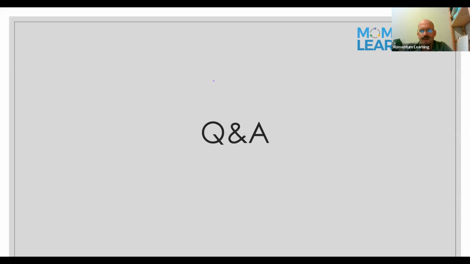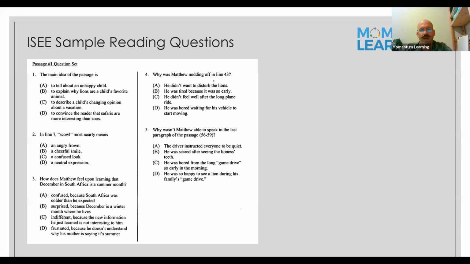All right, so we'll go back and look at number 4 and 5 real quick for the sample reading questions. And we might end up doing a couple extra of the verbal reasoning questions right before the end of this open house. So why was Matthew nodding off in line 43? So Elena, when I think of somebody nodding off, what are they doing if they're nodding off?